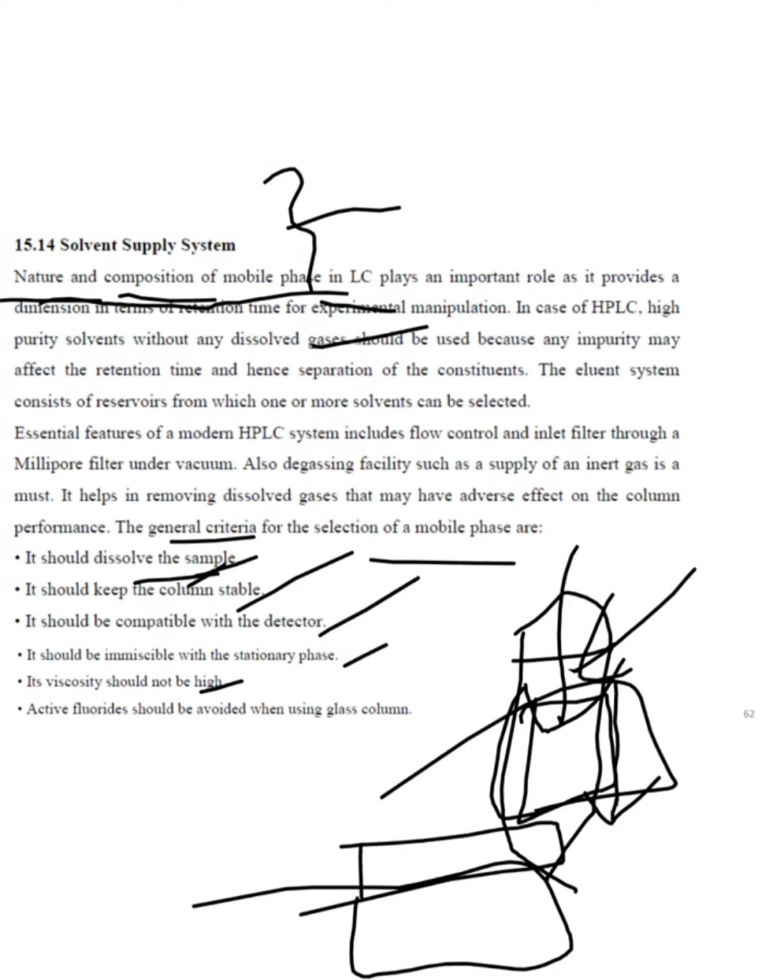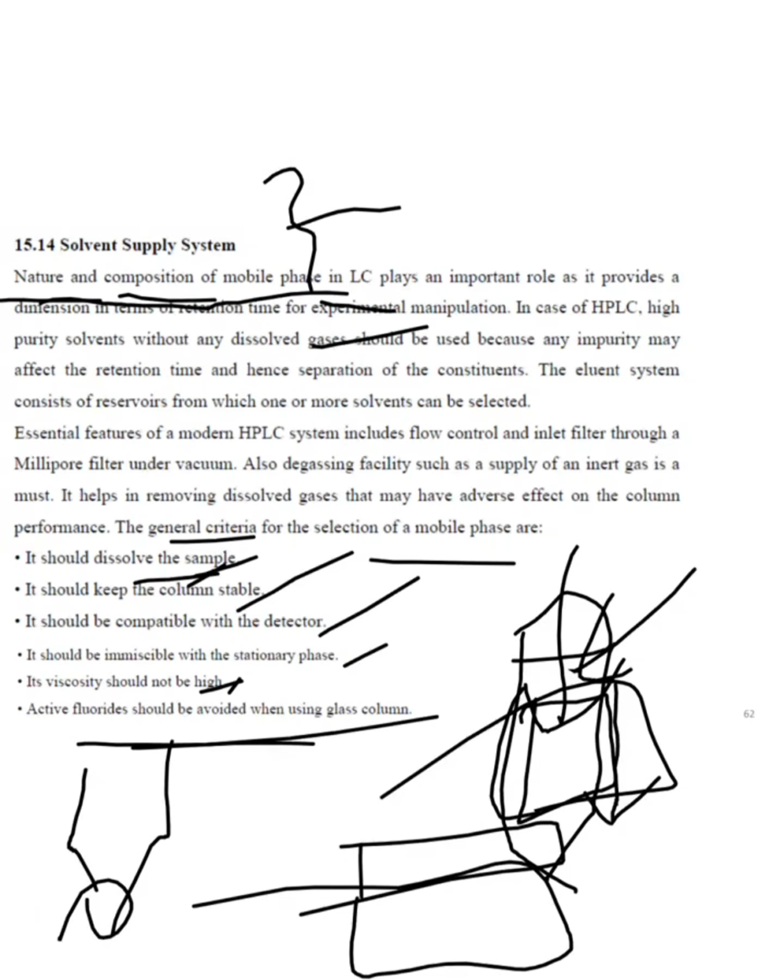Compared to syrup, the viscosity of water is very low. So while selecting the solvent here, the viscosity should be low, and active fluorides should be avoided while using glass columns, so that they should not break.